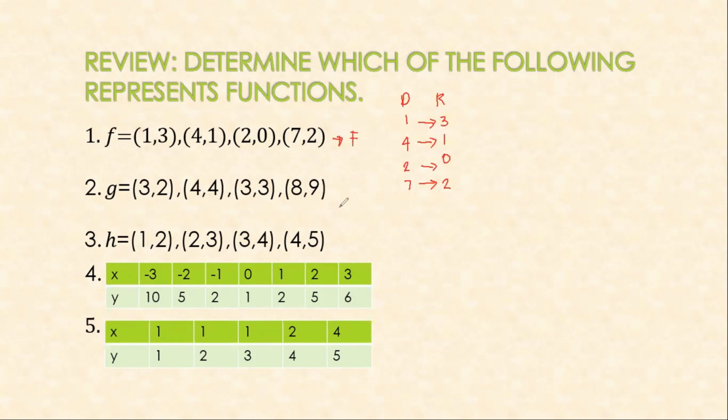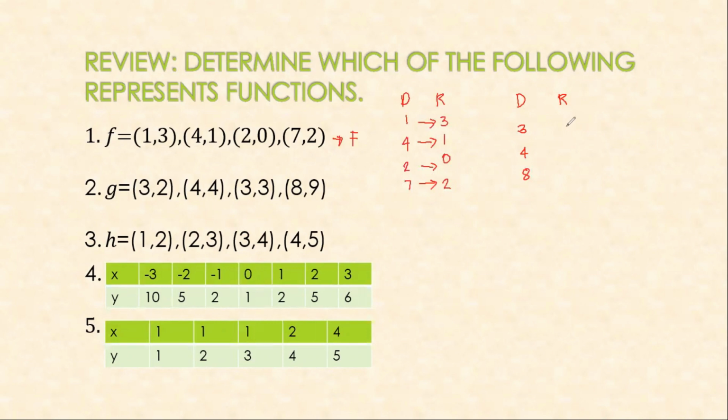All right, so let's have the second set of ordered pairs. So again, we're going to list down all the domains and the range. So for number two, we have 3, 4, I will not write 3 again because we have 3 here, and 8.